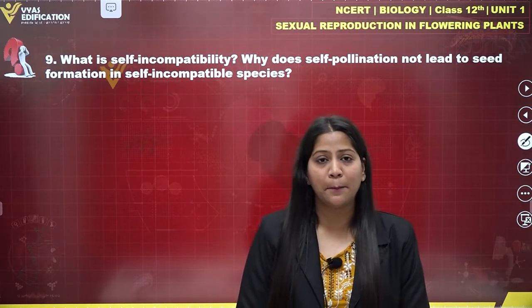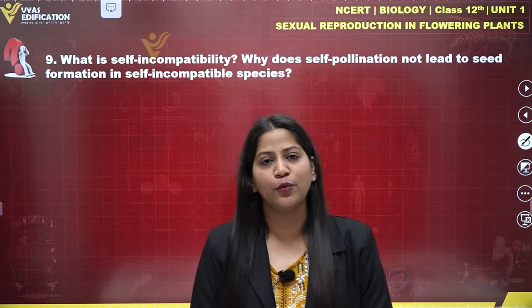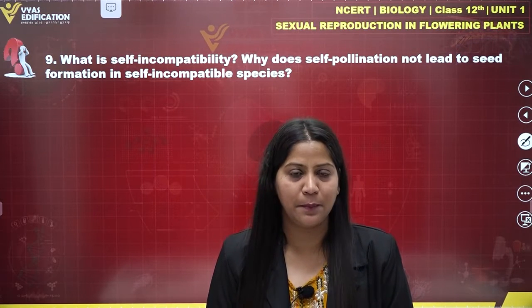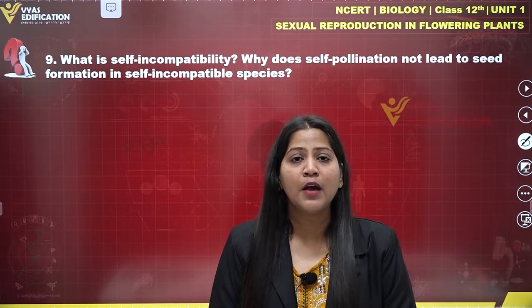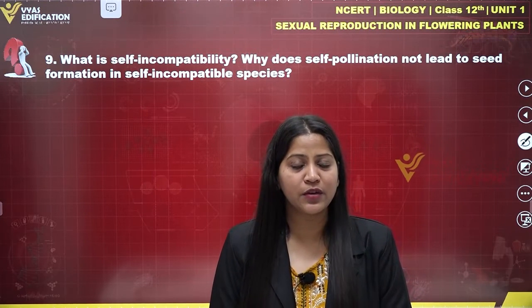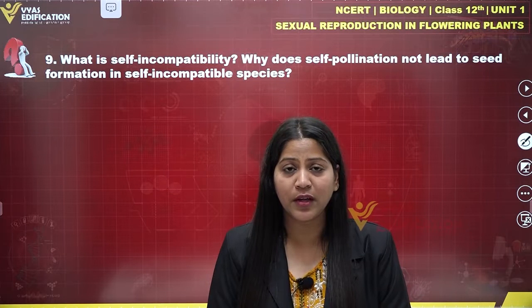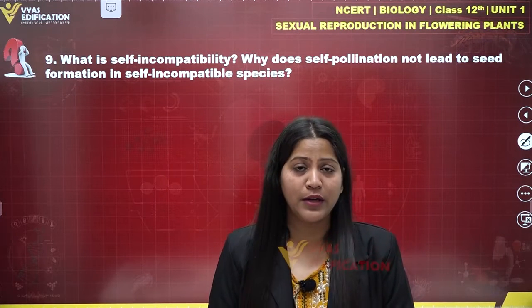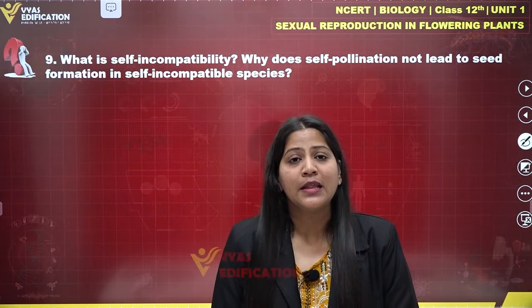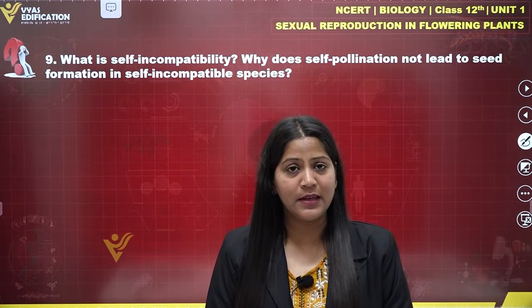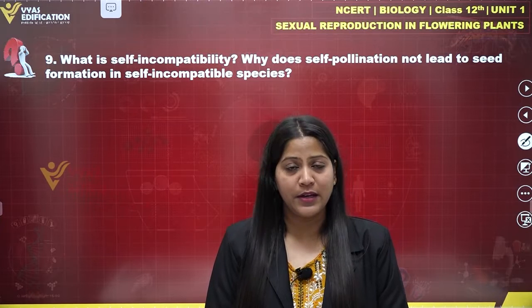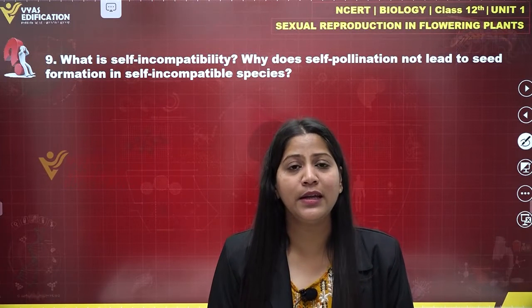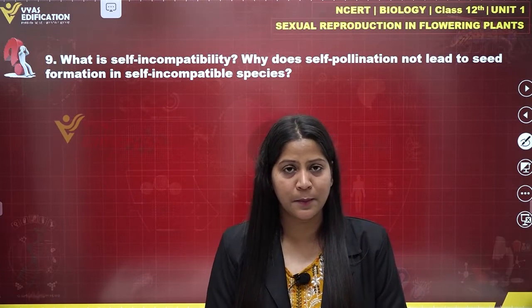This self-incompatibility is preventing self-pollination in them. It has been evolved for this purpose only. So it is preventing self-pollination in plants but promoting cross-pollination at the same time.